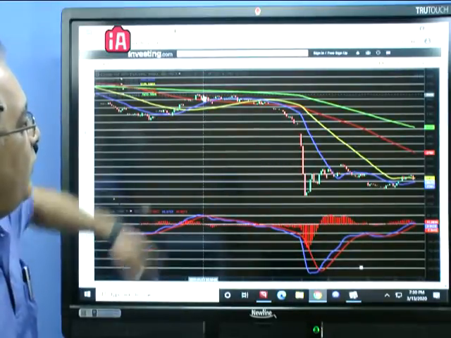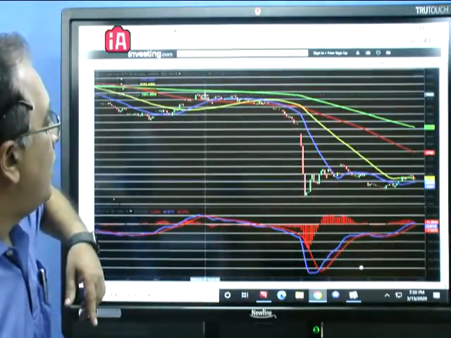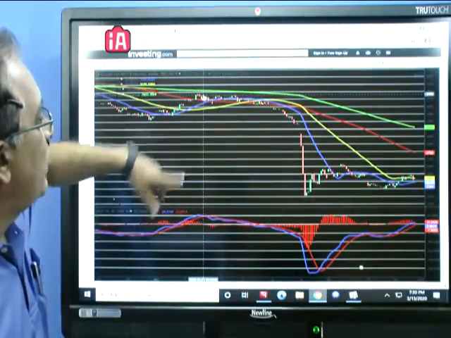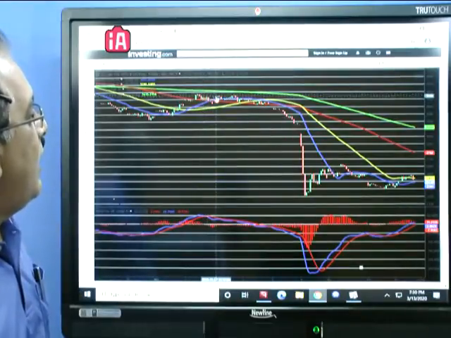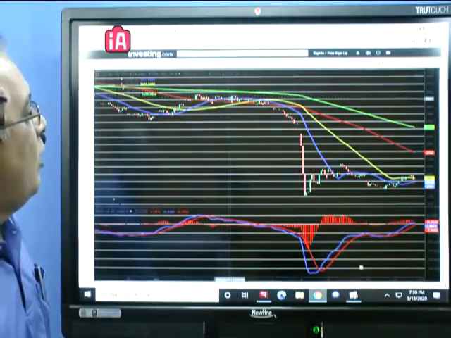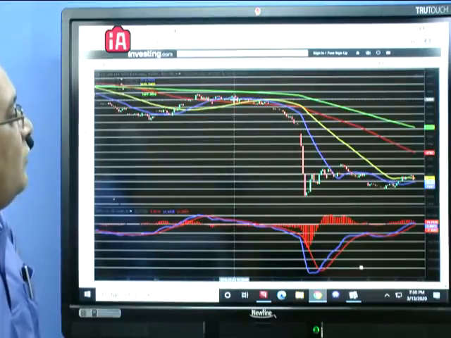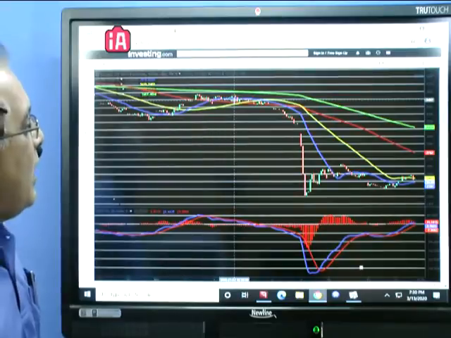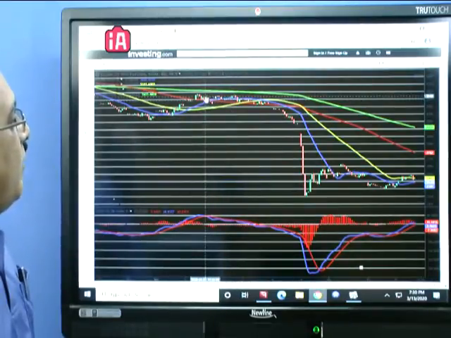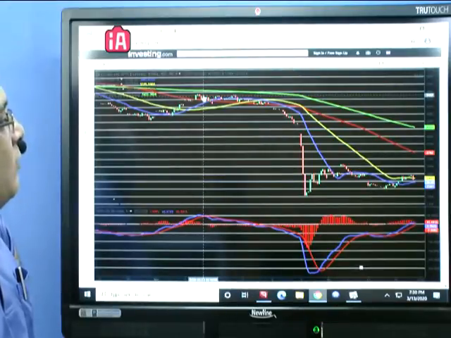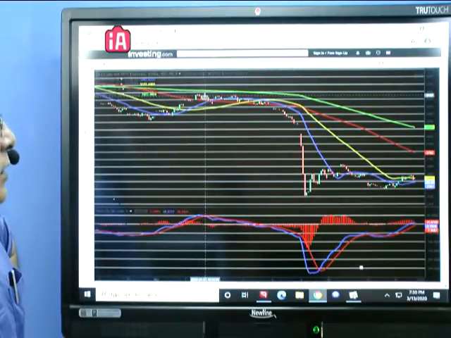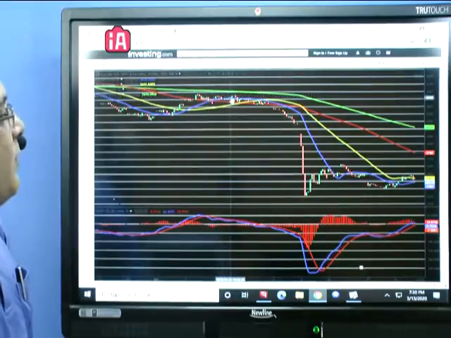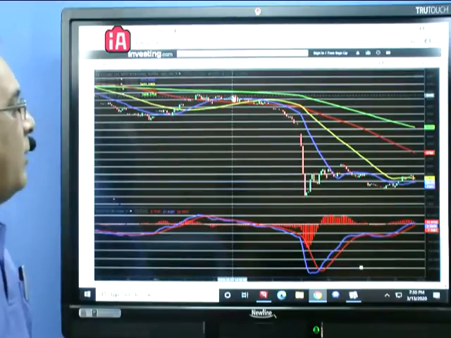After that there was a climb to 35.58 or 35.60, and it went very close to that, but it did not break it significantly on that particular close. I'm talking about the close, not the high. So the 35.58 high was not broken on any closing period, which would have given us a probable sense of the market going up. That did not happen, and so eventually the market fell that day.